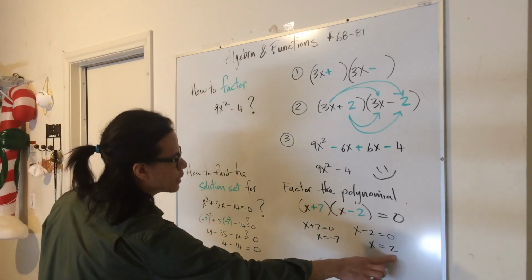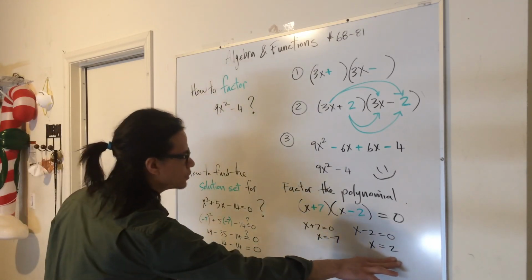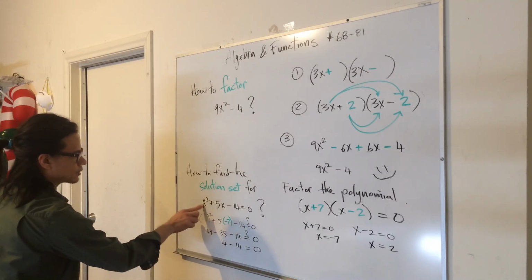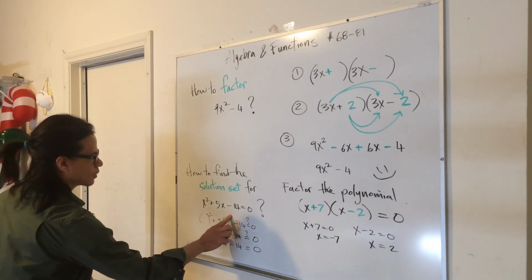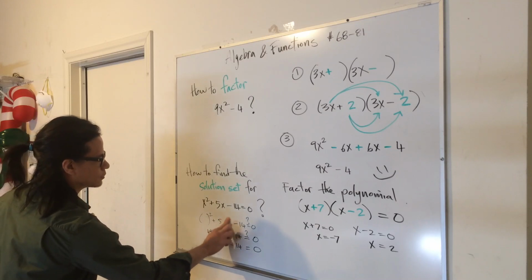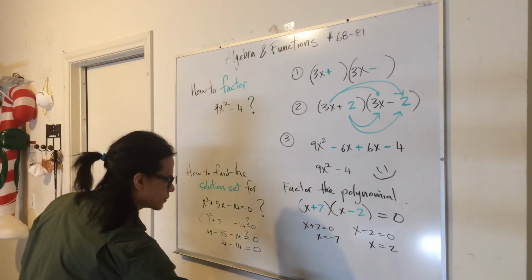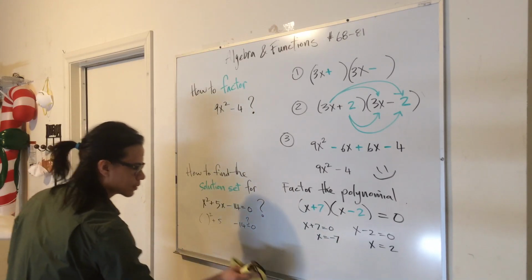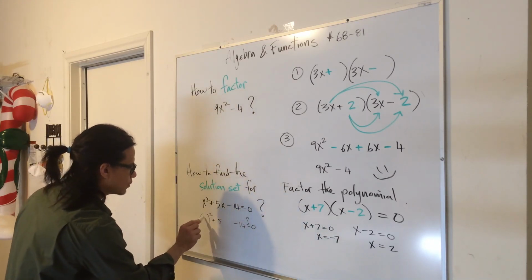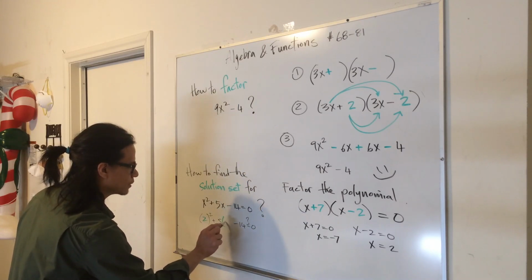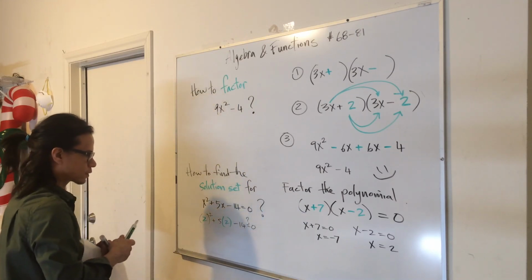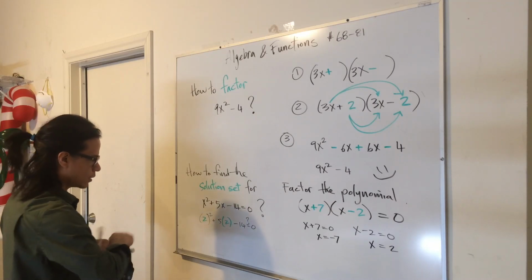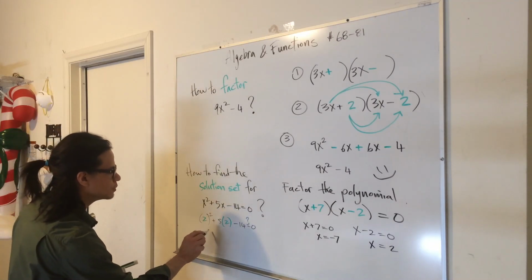Now you want to check to make sure, just in case that 2 is also the correct answer, by putting 2 in for x. Since we're at it here, we'll put 2 in for x. 2 squared is 2 times 2.